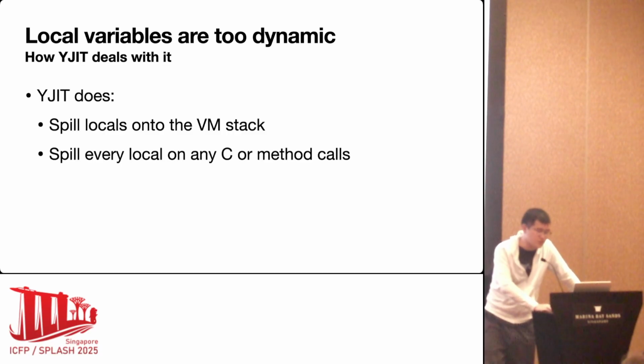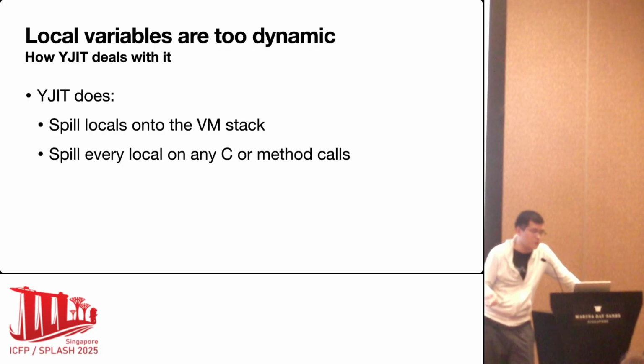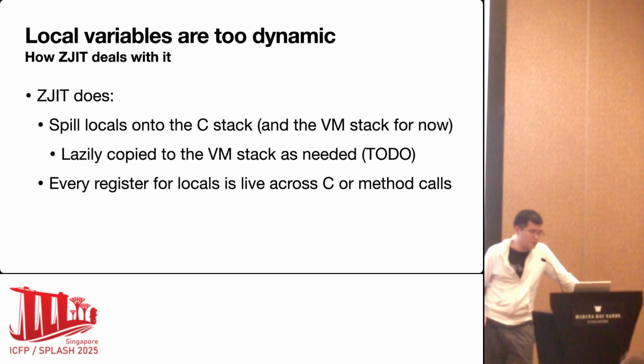For local variables that we showed earlier, YJIT spills every local onto the VM stack so that it will support the heap-based modifications of the local variables, like we showed before. The C calls and any Ruby method calls also do the spill, and that's how we deal with the dynamic nature of the local variables in YJIT. But in ZJIT, we are changing it to spill onto the C stack, so that the access will be at least more localized compared to the other native instructions.